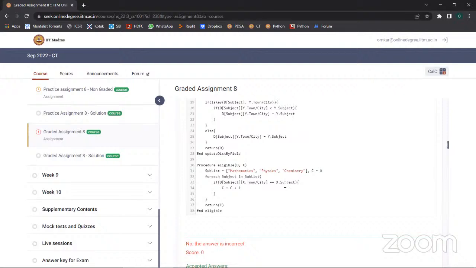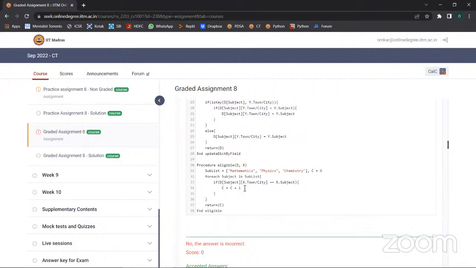And that student can be a topper for his or her city in multiple subjects, possible? Possible. So C value can be 0, 1, 2, or 3. Okay. C value will be 0? No, obviously, one of the students will be a topper in that. So C will be up to 3.